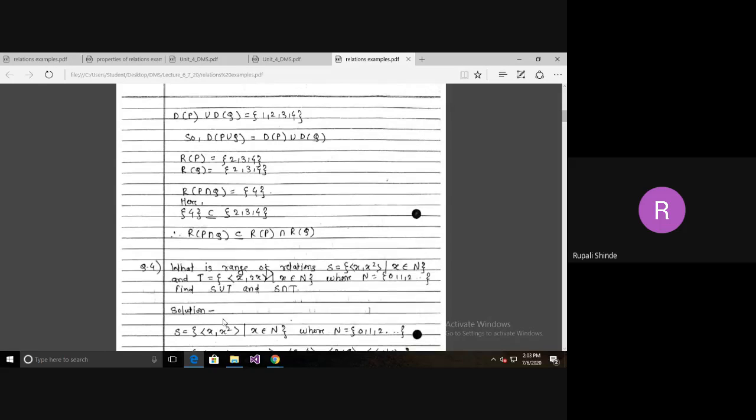First of all, we have to find what the different elements are that will be included in these relations S and T. Now consider the first relation S. It will consist of ordered pairs (x, x square). First we put the value of x as 0.